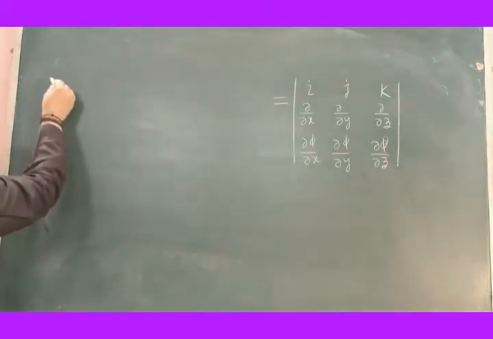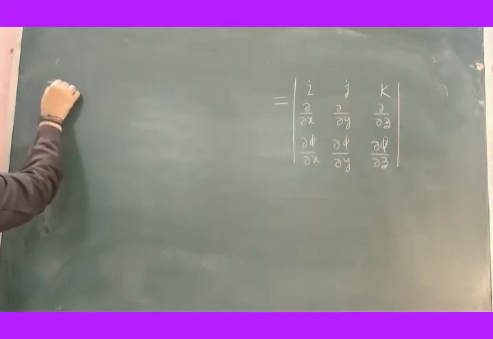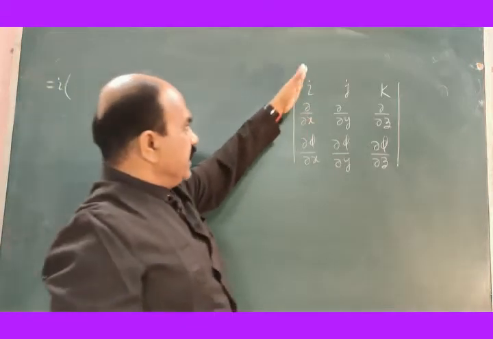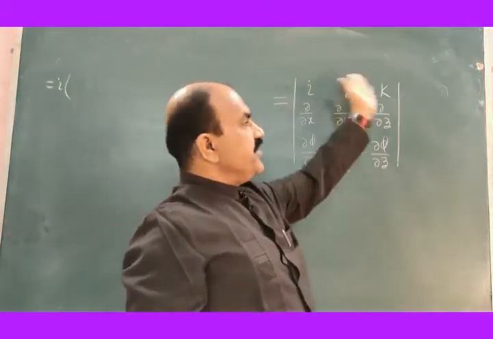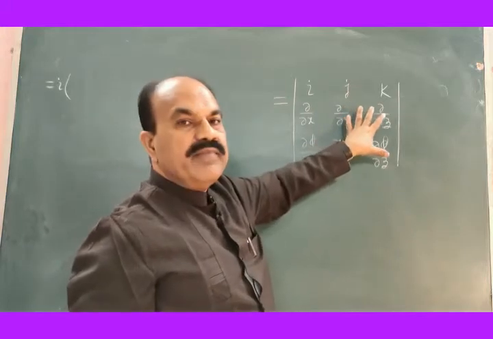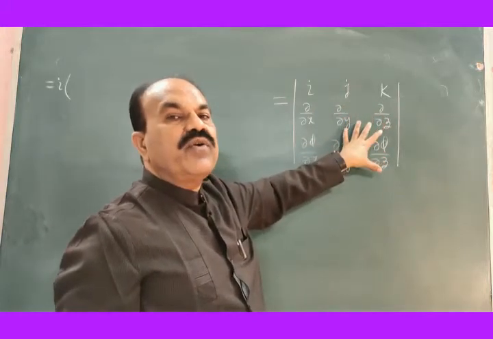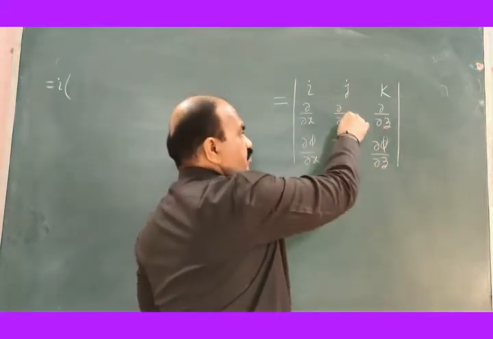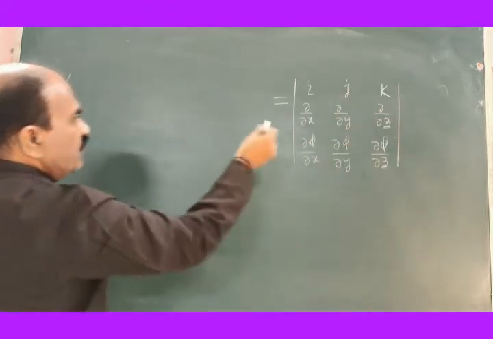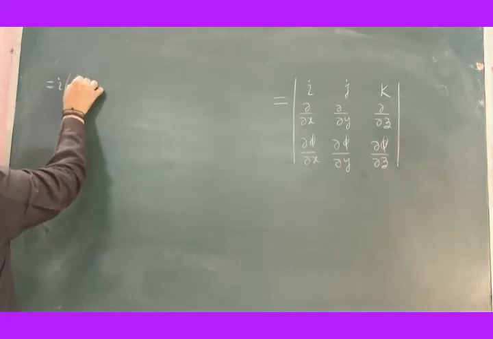This is equal to i into i. This column, this row is skipped and the remaining part is considered for the cross product. Cross product of this minus cross product of this. What is this cross product?